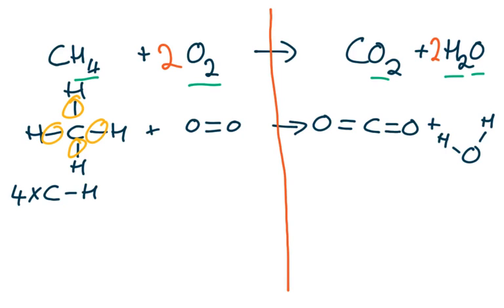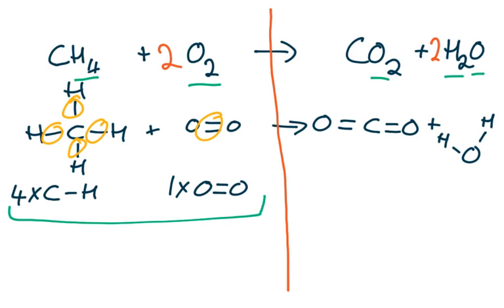Now if I look at my oxygen, I've only got the 1 bond, and this is a double bond. So I've only got that 1 oxygen-oxygen bond. And these together are all of the bonds that need to break. So these are the bonds breaking, and this is the activation energy. Remember that the activation energy is shown by a capital E and a little a.